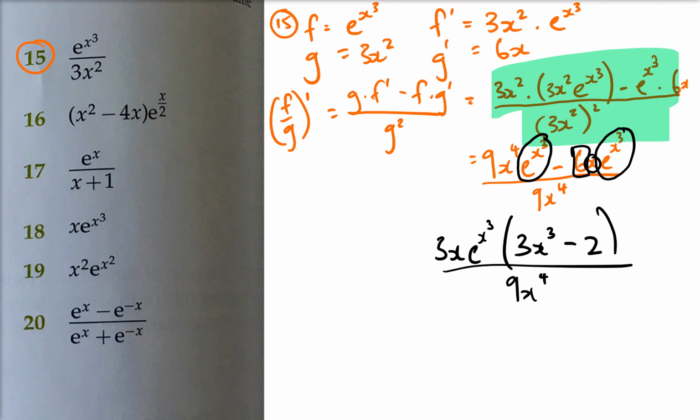But I can actually simplify that even further, because this is all times and divide, it's a rational expression, so I can cancel 3, make that a 3, cancel an x there, make it a 3 as well. So I've got e to the x cubed times 3x minus 2, all over 3x cubed.